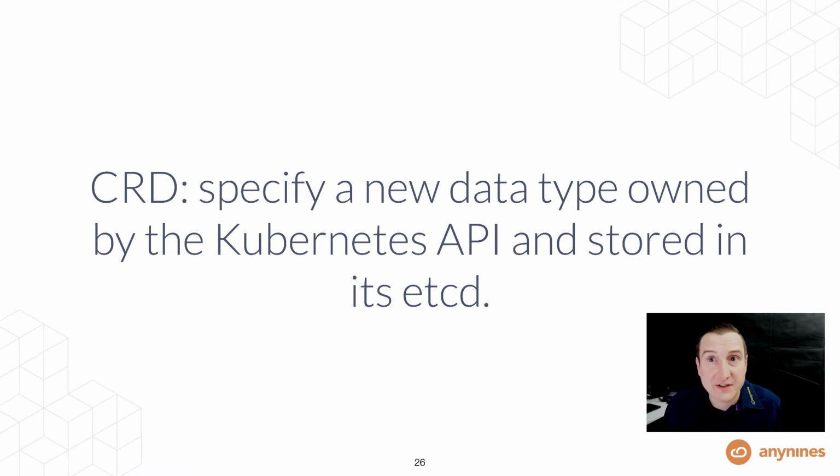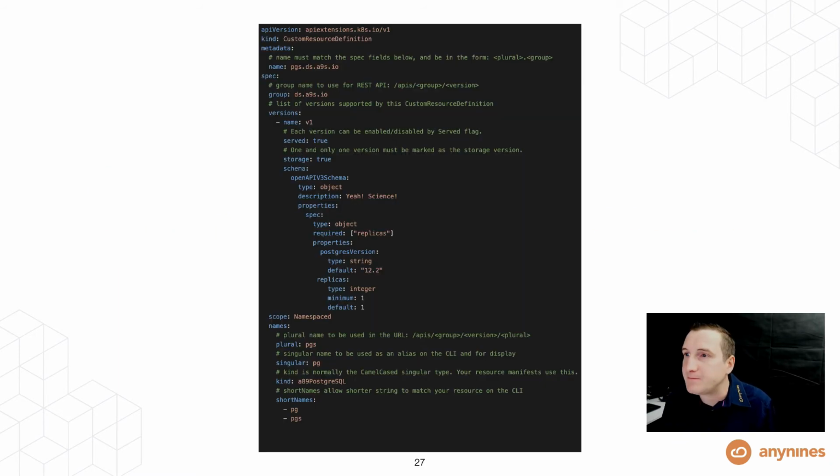Because it's a declarative system, and storing the information that you want to have a particular pod does not mean that the pod is already there, because there is a controller responsible for taking care that this resource is created afterwards. So similar to that, a custom resource definition allows you to describe a particular new data type to Kubernetes, which the Kubernetes API will then take care of and also persist for you in its etcd.